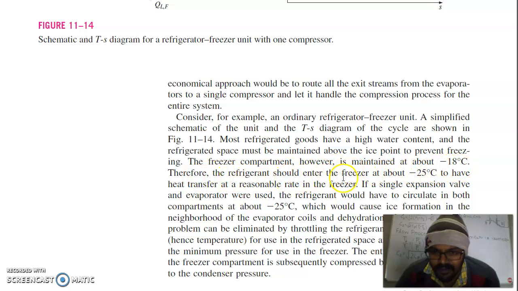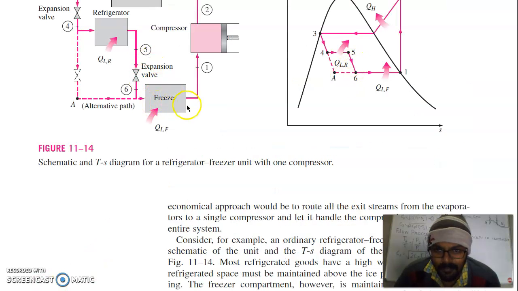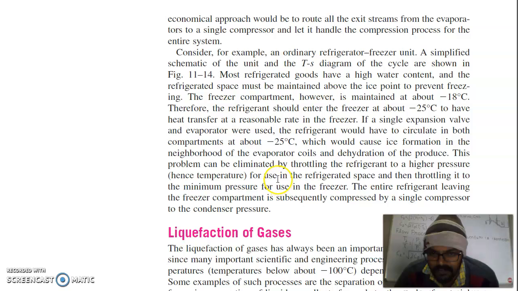Therefore, the refrigerant should enter the freezer at about -20 degrees Celsius to have heat transfer at a reasonable rate in the freezer. But the temperature in the freezer should be maintained, as we discussed, at -25, lower as compared to the refrigerator.